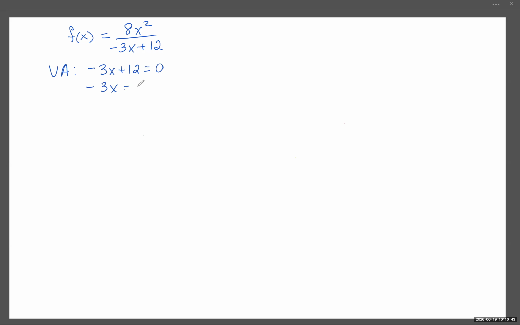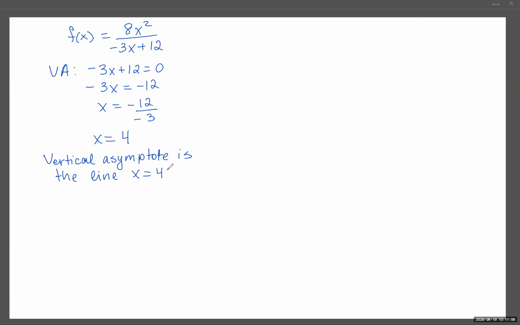Negative 3x equals negative 12. x equals negative 12 divided by negative 3. x equals 4. So the vertical asymptote is the line x equals 4. If you needed to graph it, it is literally the vertical line through x equals 4.